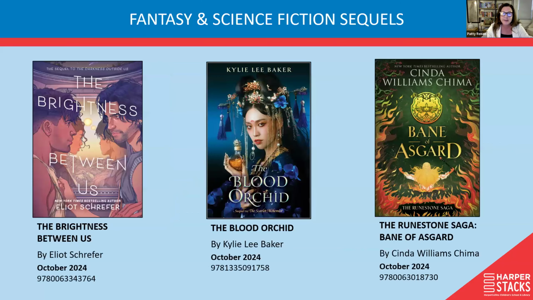Next slide, please. Some really terrific sequels to tell you about. The first is Eliot's sequel to The Darkness Outside Us, which was a Stonewall Honor book. Here it's another ambitious genre-bending novel, an epic love story that spans thousands of years and the far reaches of the galaxy.